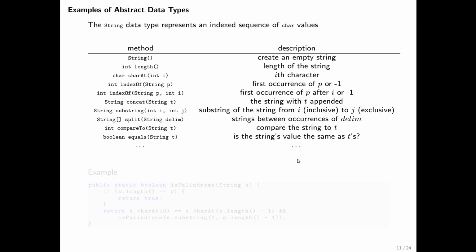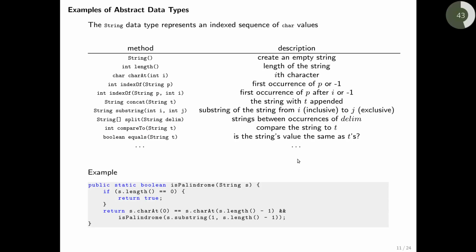Now let's look at a little example where we make use of the string data type to solve an interesting problem. Here, the static method called isPalindrome tests if this argument s is a palindrome or not. Recall that a palindrome is a string that reads the same forwards and backwards.